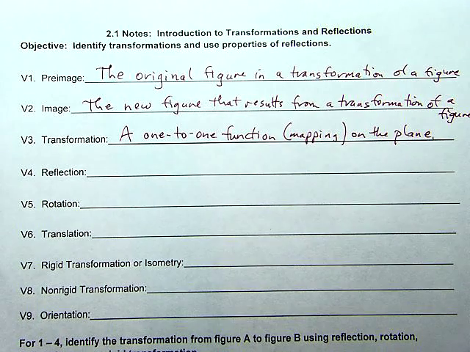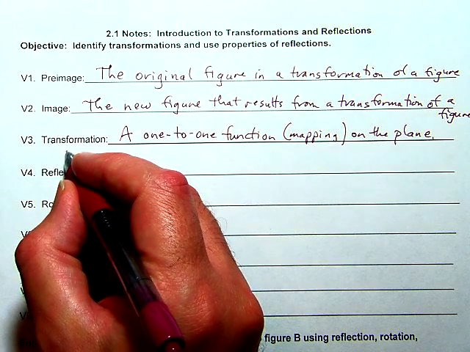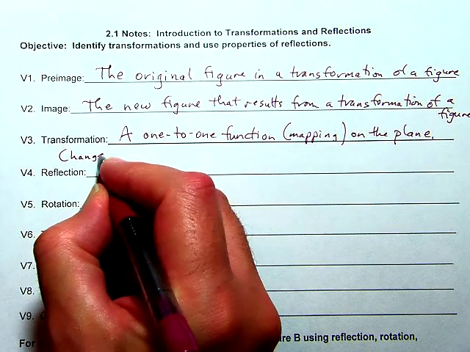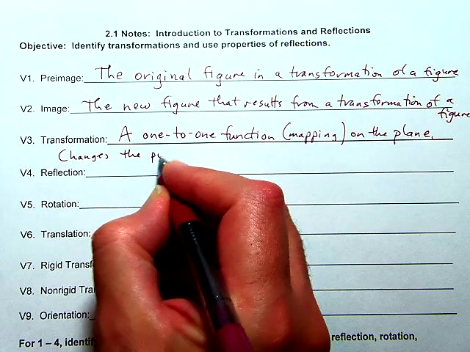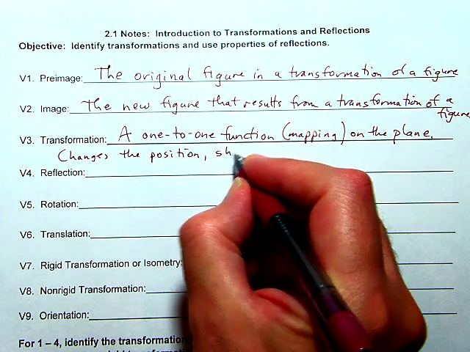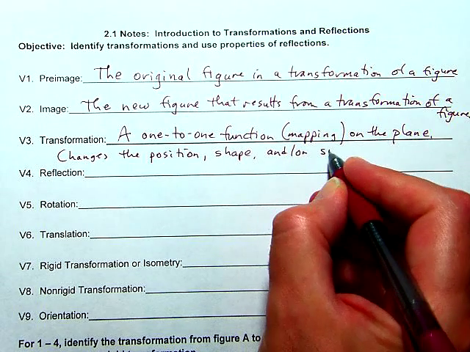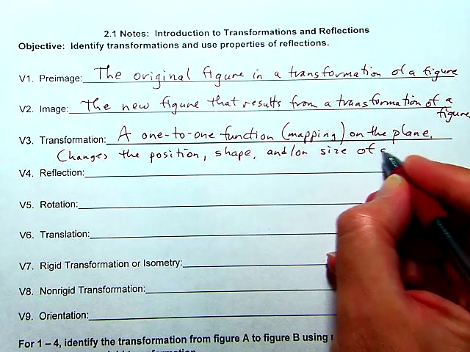Okay, it takes points as input, and then it gives points as output. A transformation further changes the position, shape, and or size of a geometric figure.